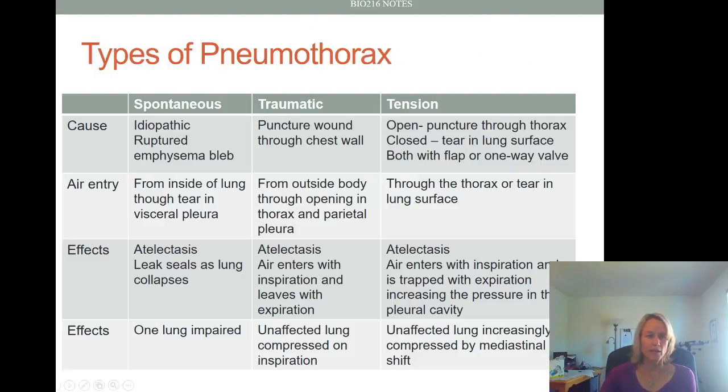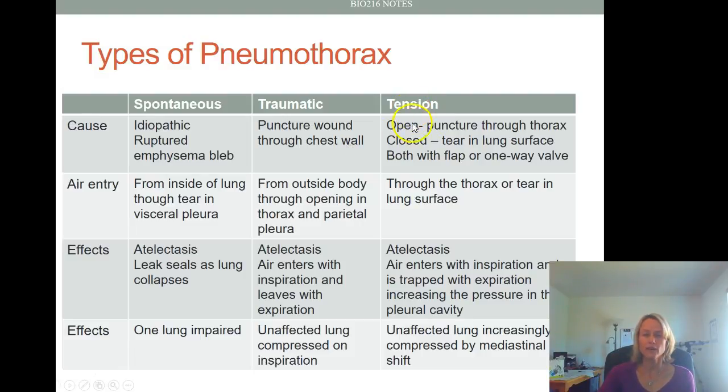Okay, and then I put together a little table here to help compare and contrast the different types of pneumothorax. So once again, spontaneous is caused to just be idiopathic, tall, thin smokers, or a ruptured emphysema bleb. Traumatic is a puncture wound through the chest wall, usually caused by a dislocated or fractured rib.